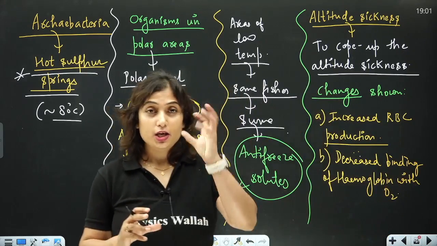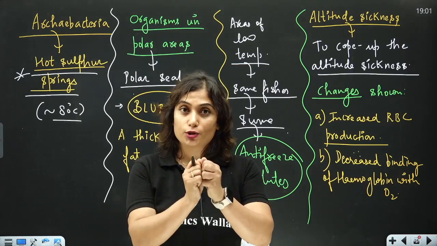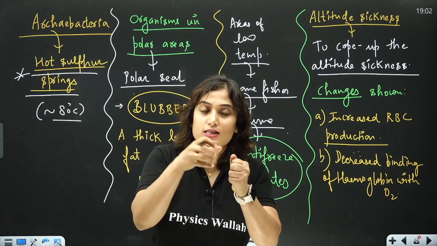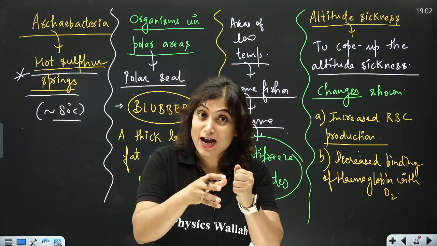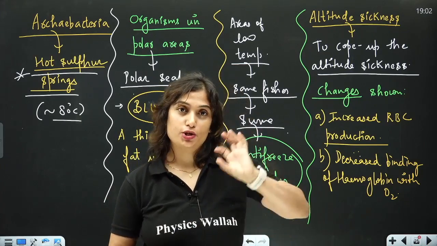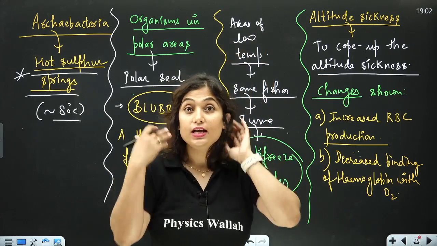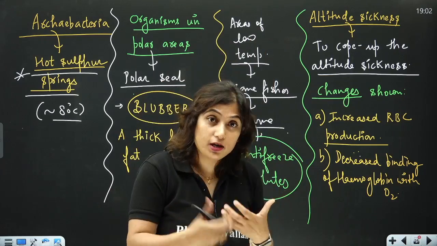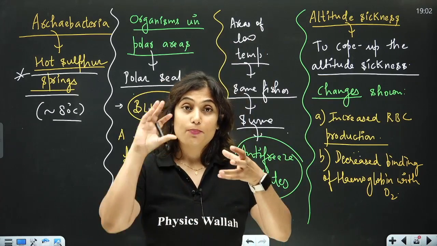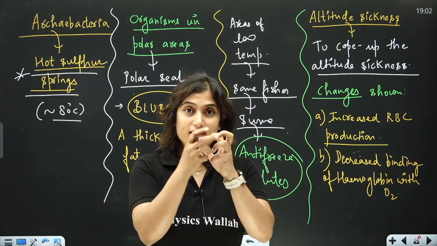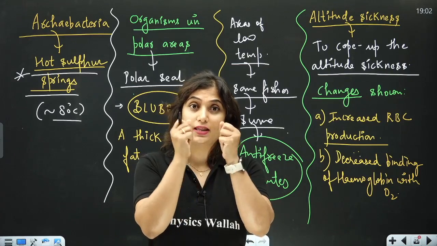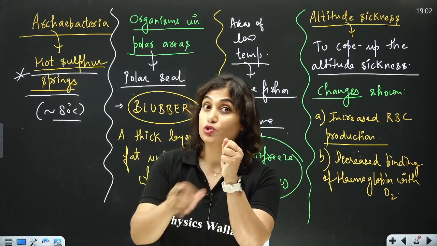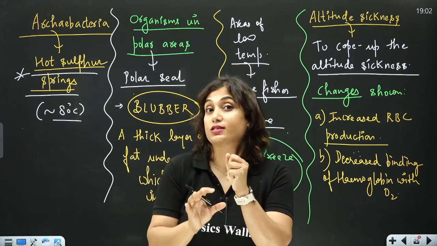If the hemoglobin binds oxygen for a longer period, then the oxygen will not be released into the blood quickly. Because of the low partial pressure at the heights, we need oxygen to be released very rigorously into our blood. So the binding capacity of hemoglobin with oxygen decreases so that the hemoglobin will easily release oxygen into the blood, which is required most during this condition.